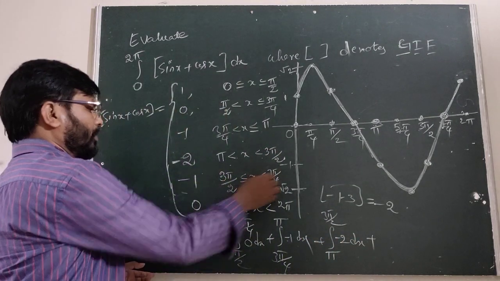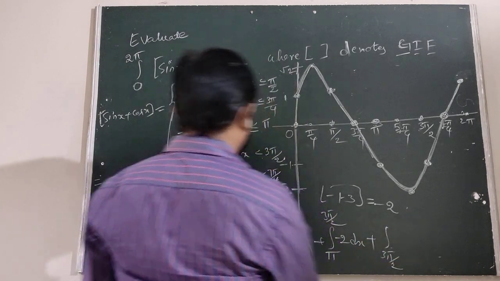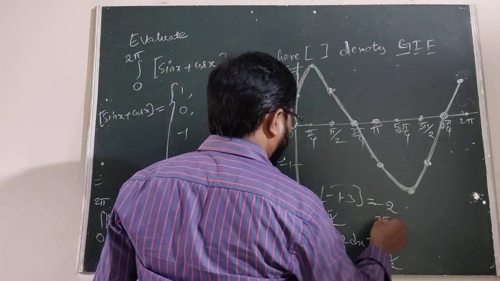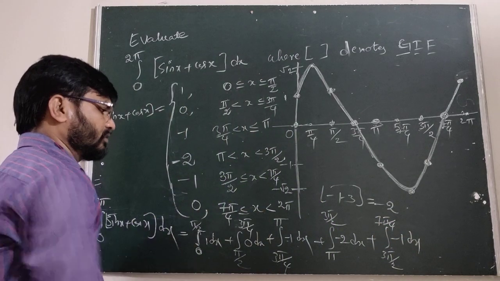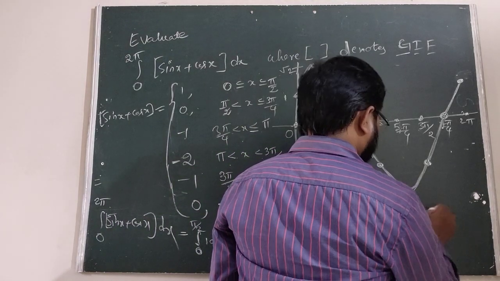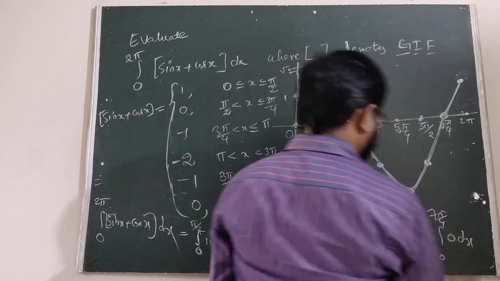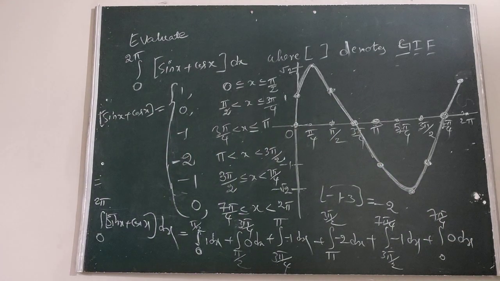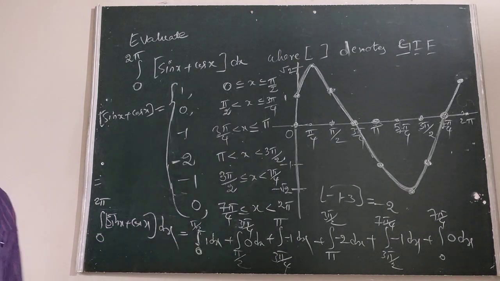Next, 3 pi by 2 to 7 pi by 4, then it will be minus 1 into dx. Yes, the last one is 7 pi by 4 to 2 pi, 0 into dx. Now, the integral of 1 dx is x.